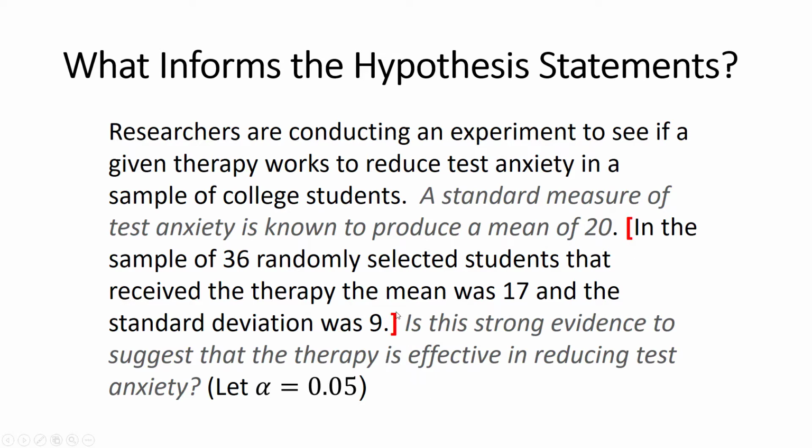This is the actual evidence that the researchers collected, and this does not inform our hypothesis statement. They're just sharing with us what they found. But the parts that are italicized, a standard measure of test anxiety is known to produce a mean of 20, followed up with, is this strong evidence to suggest that the therapy is effective in reducing test anxiety? These are the parts that are going to help us write our hypothesis statement.